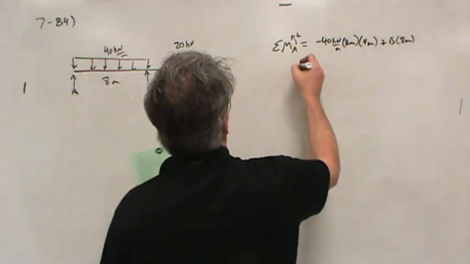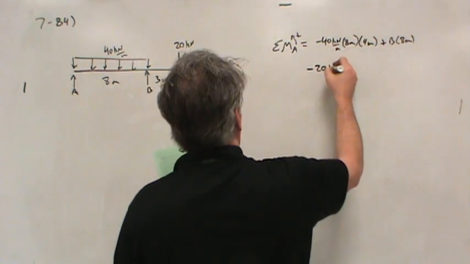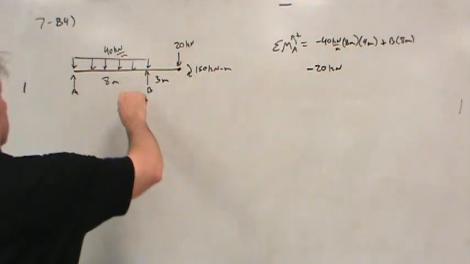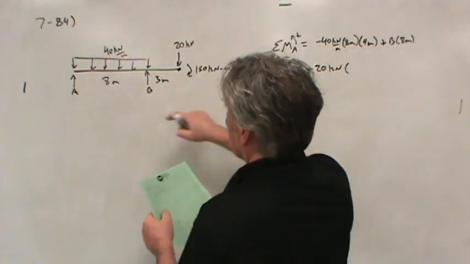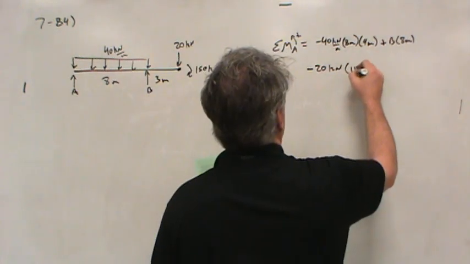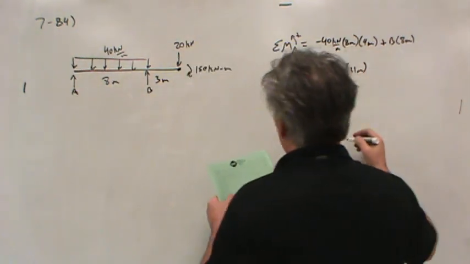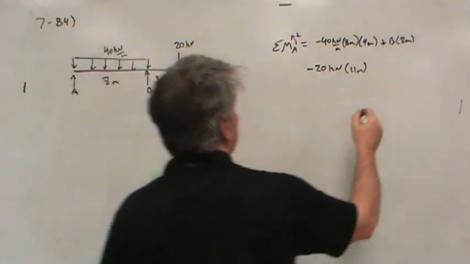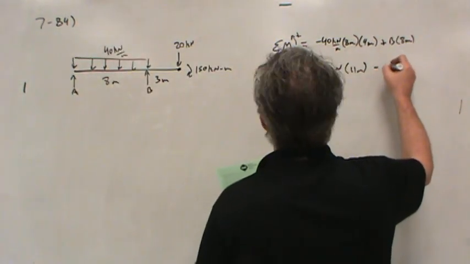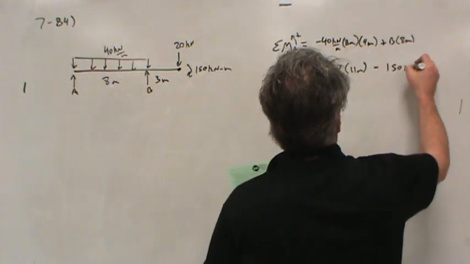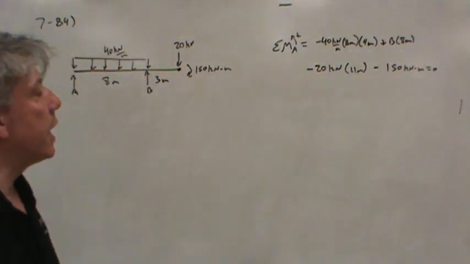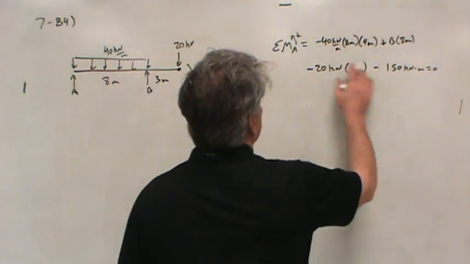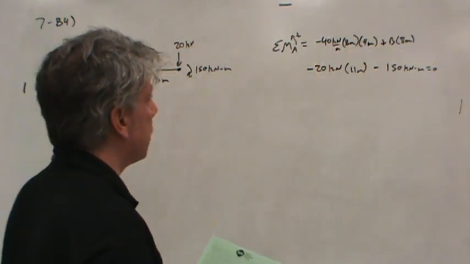And then the 20 kilonewton point load would cause also a negative moment about A. Its moment arm is the entire length of the beam, 8 and 3, which are 11 meters. And then the 150 kilonewton meter load is a moment that is in the negative direction, and as usual, that point moment does not depend on where it's applied in terms of its effect on the moment equation itself.